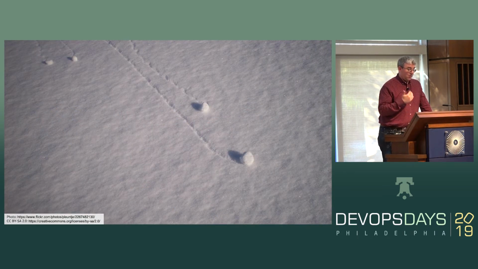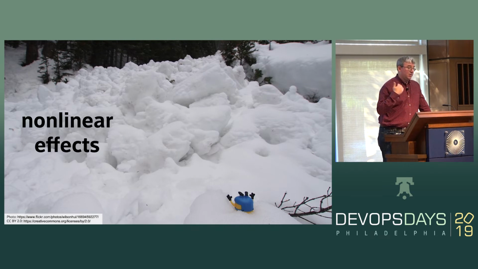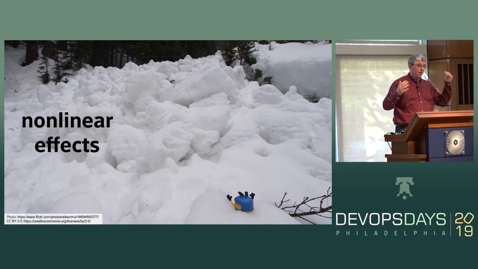Complex systems also have a property, which we'll talk about, where you can have snowball effects, right? Just like if I start a snowball at the top of the mountain, I get an avalanche at the bottom. Complex systems often have nonlinear effects, right? So there's the idea that a small change can end up having a large impact. Again, because there are unexpected things, we have cascading failures where things are interconnected by all these networks of interactions.